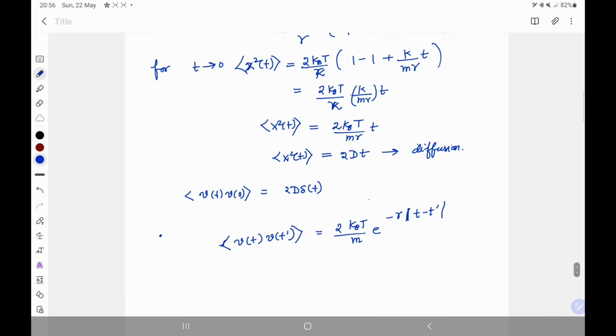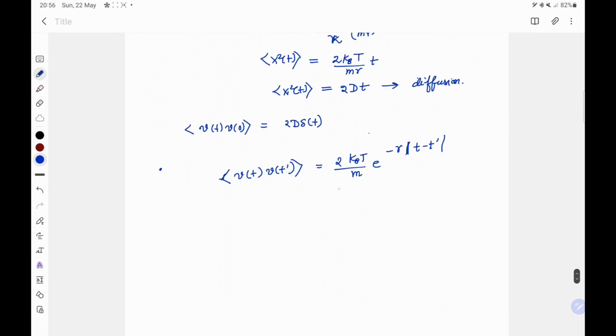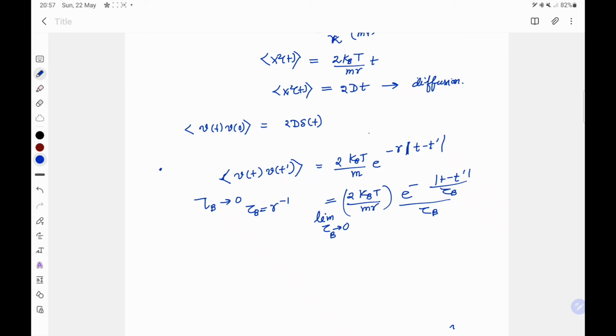Then in the limit tau B tending to 0, because we initially assumed tau B tending to 0 and neglected the inertial term, and tau B is gamma inverse, right, you can write t minus t prime over tau B. In the limit tau B tending to 0, this is nothing but the delta function.